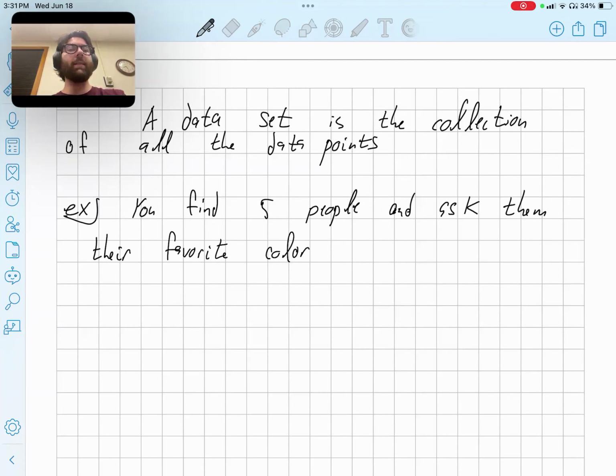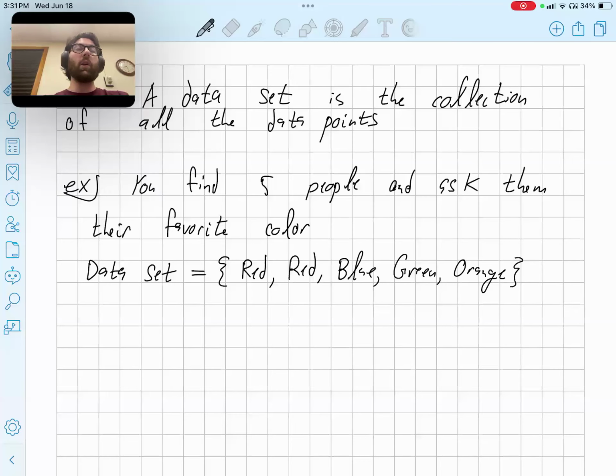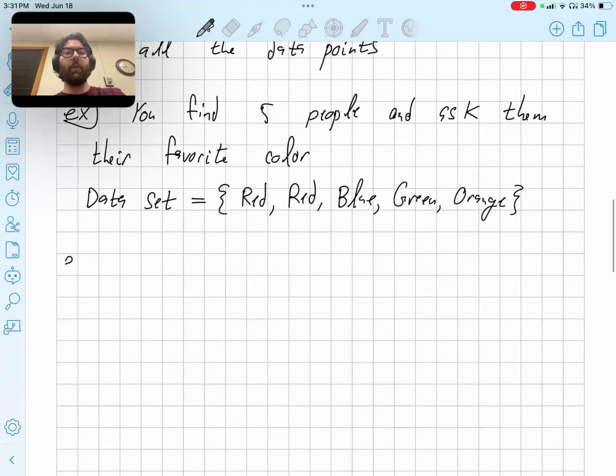And so our data set might look like red, blue, green, orange. So this would be a data set, and this would be categorical data.